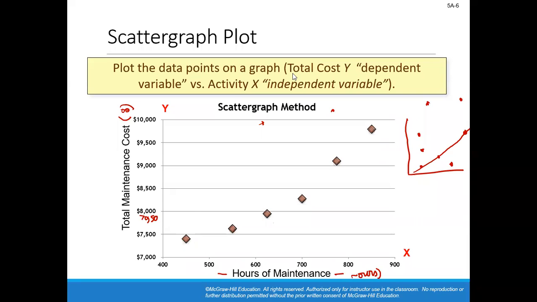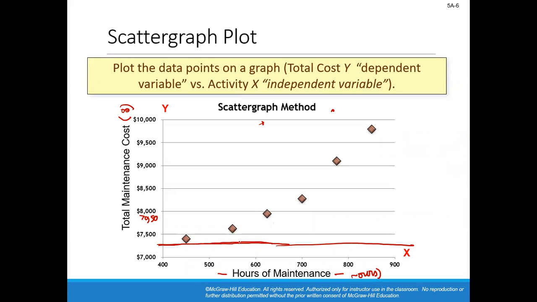So if you expect that there is a linear relation between the cost and the activity, in our case the hours of maintenance, then you should expect that this cost has some indication of mixed cost. And there is another way: you can draw a horizontal line here because the minimum starts from here.